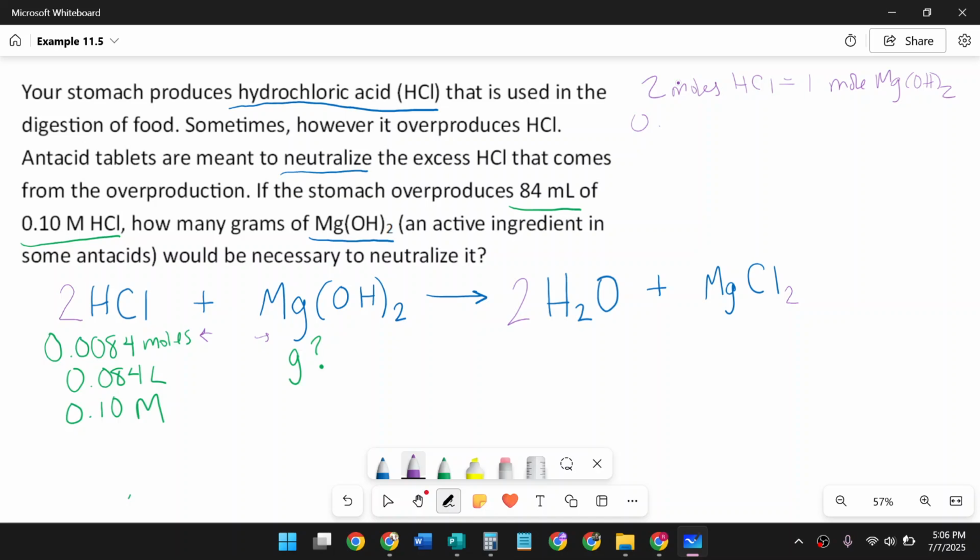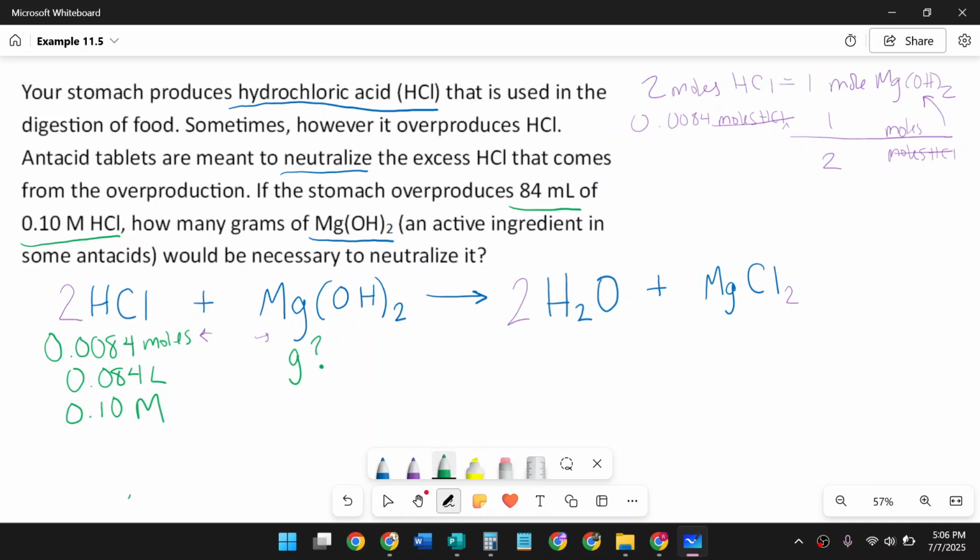So 0.0084, the moles of HCl, will be multiplied by 1 mole Mg(OH)2 on the top and 2 moles HCl on the bottom. The moles of HCl cancel, and then I can put that in my calculator.